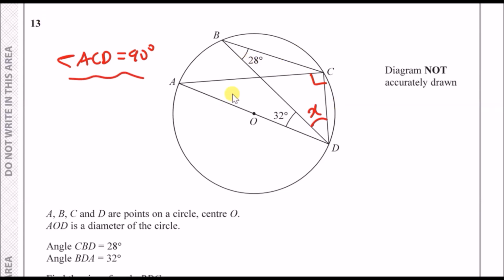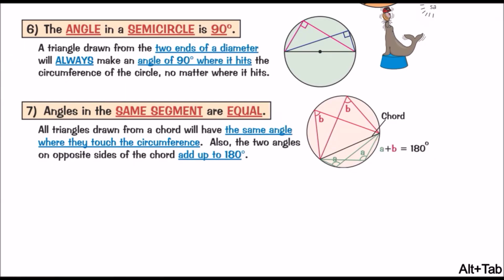Now, the second point here is recognizing this ribbon shape. Yeah? Now, this ribbon shape takes the form of this kind of shape here. It says that angles in the same segment are equal. A segment is basically a partition, yeah? Anything before the chord is a segment, anything after this chord is another segment. So we've got a massive segment here and a little tiny segment here. And anything that forms a ribbon has the same angle.